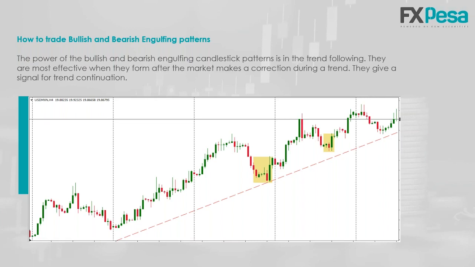The power of the bullish and bearish engulfing candlestick patterns is in trend following. The trend has already formed. You can see a very nice uptrend like this one. So if you want to jump into that trend, you just have to wait patiently when the price is approaching that trend line, and then check if you have an engulfing candlestick. They're really very effective, and they form after the market makes a correction during a trend, and you get a signal to enter the continuation.